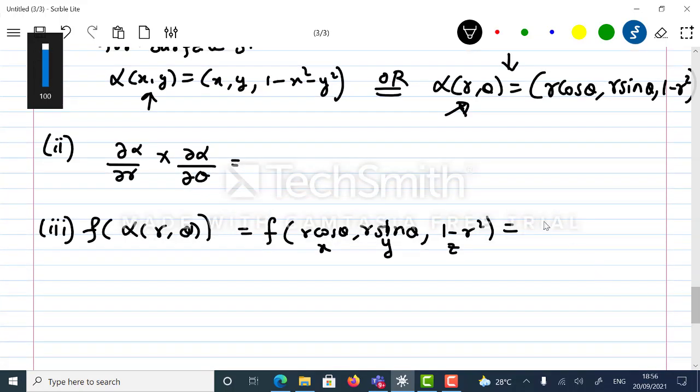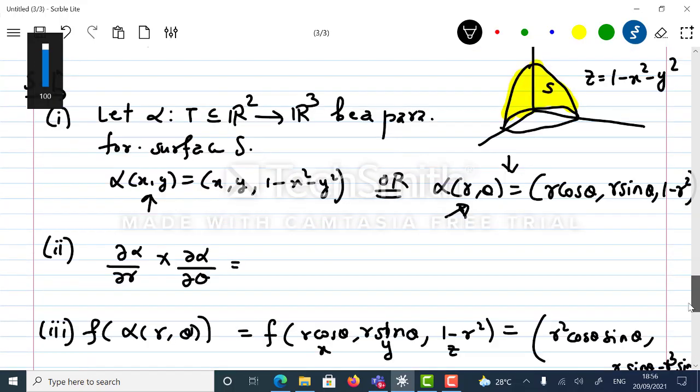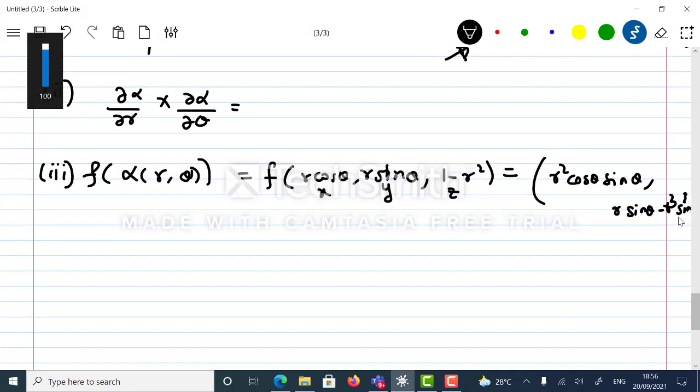So xy means r squared cos θ sin θ, then yz, that will be r sin θ minus r cubed sin θ, r cubed sin θ.